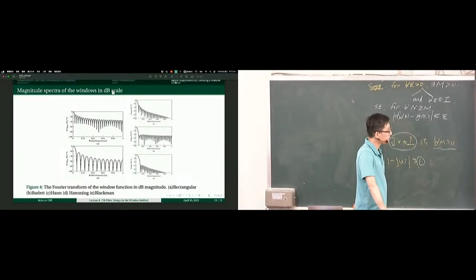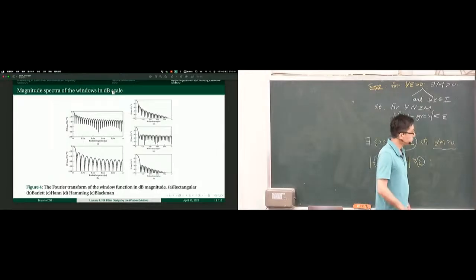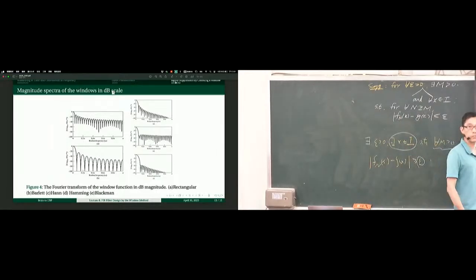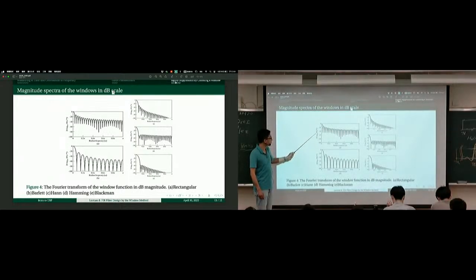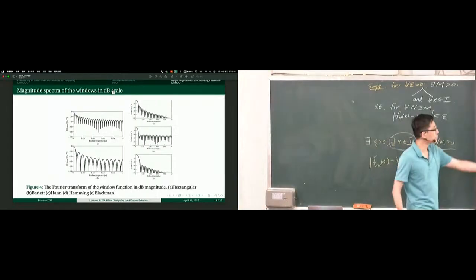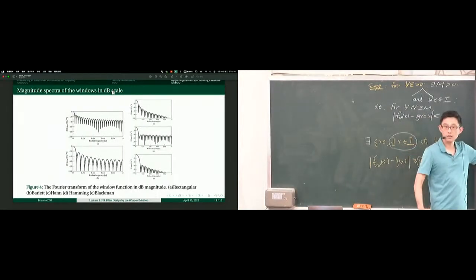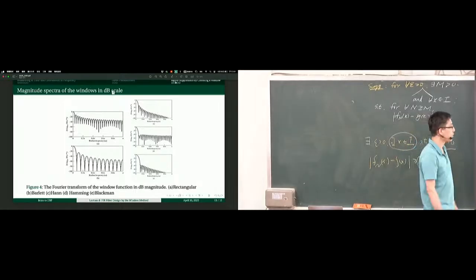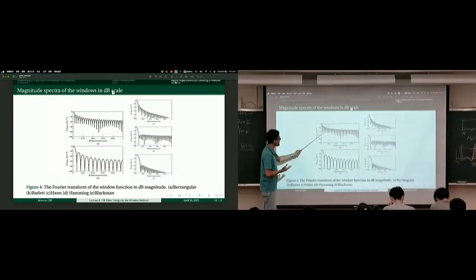First, let me tell you that these plots are in dB scale. Please note that these are not linear scale; these are dB scale. So we take the window transform, the absolute value, and take 20 log 10. Therefore, these notches indicate the location of zero crossings. Where it drops down is where it equals 0. These notches correspond to the location of zero crossings.